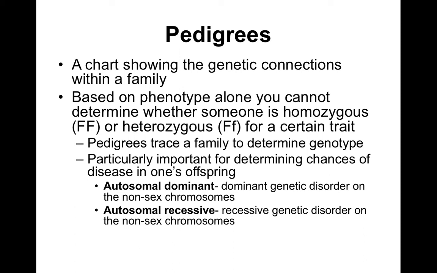And then we can know, based on what parents and grandparents express, what could potentially be the offspring's phenotype and genotype. So, with this, it's very important for determining autosomal dominant and autosomal recessive genetic disorders.